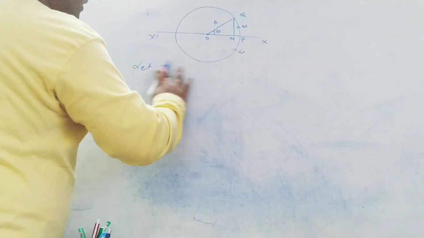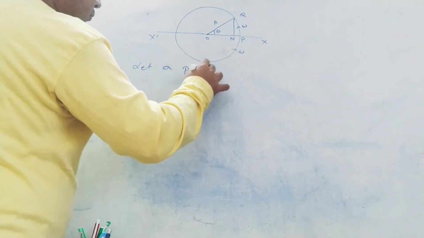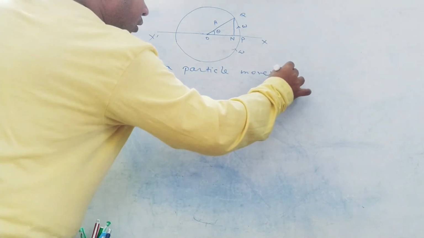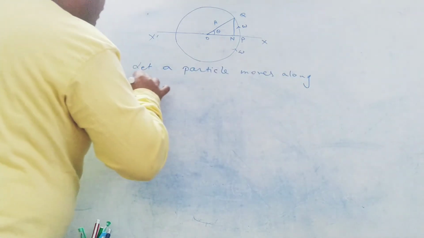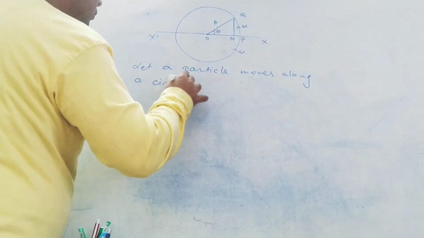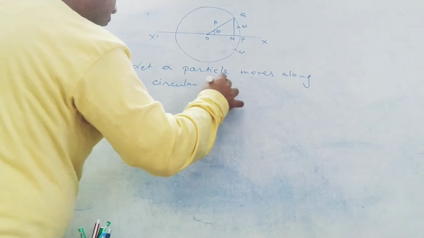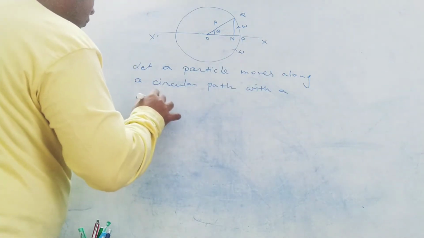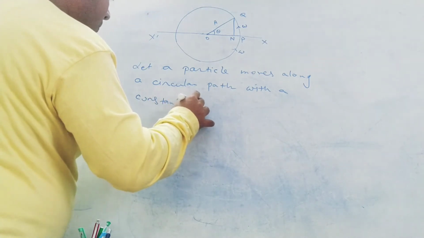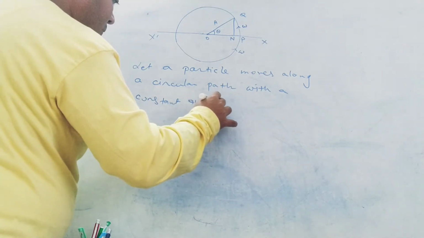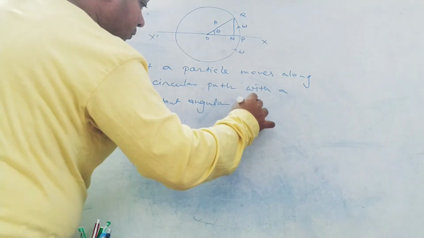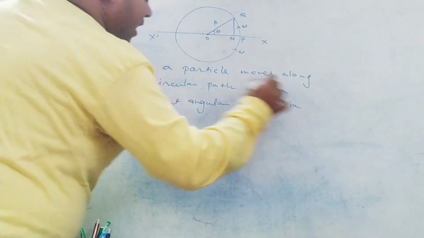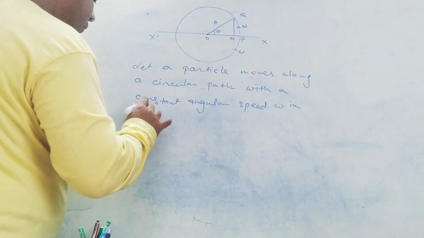Let a particle moves along a circular path with a constant angular speed omega in anticlockwise direction.